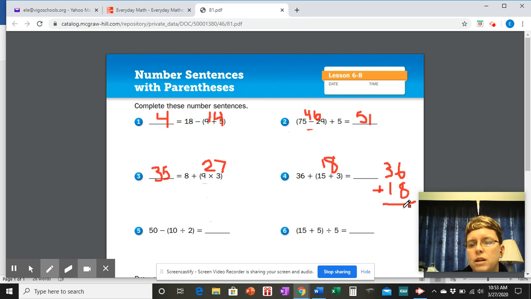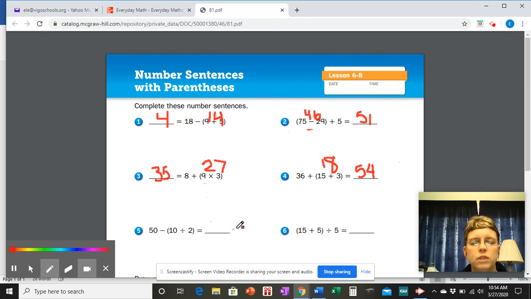Six plus 8 is 14. Carry the 1. 3 plus 1 plus 1 is 5. And our answer is 54. I'm going to erase this.